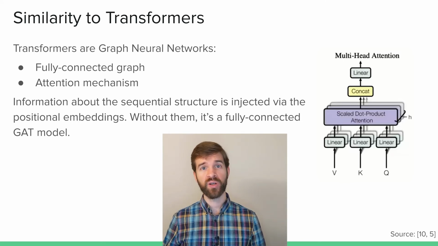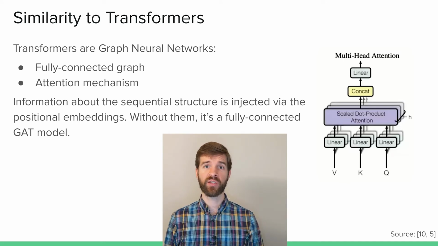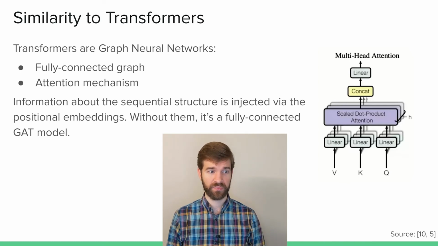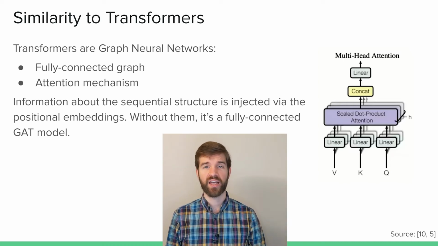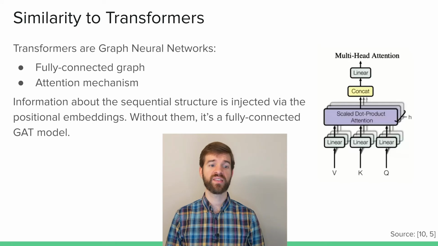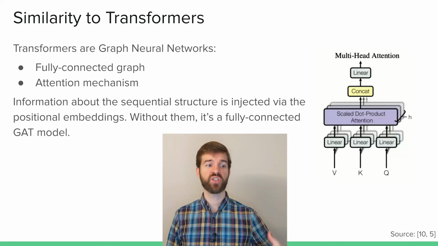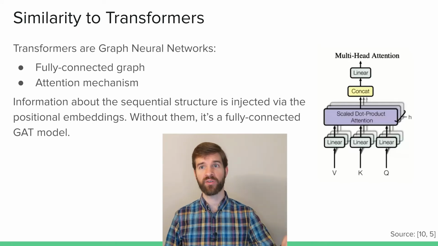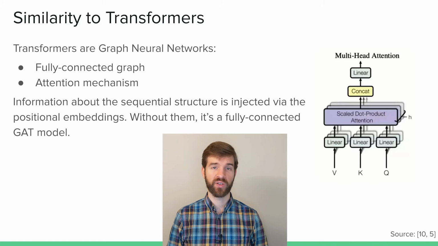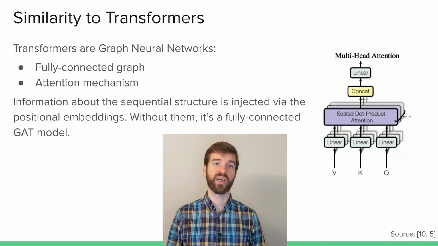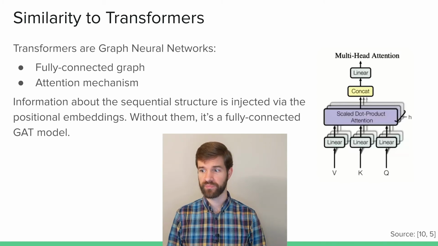So you can view attentional graph neural networks as a kind of generalization of transformers. When you think back to how we use transformers to process sequential data, especially for natural language processing, we added these positional embeddings to keep the information about the order of our input alive. Without them, it's just a fully connected graph attention network.